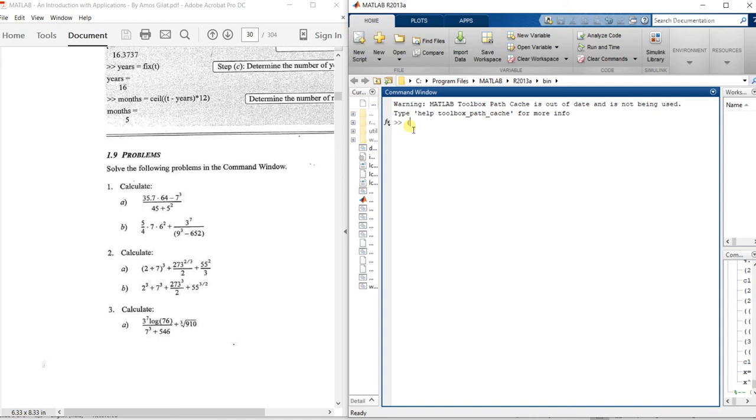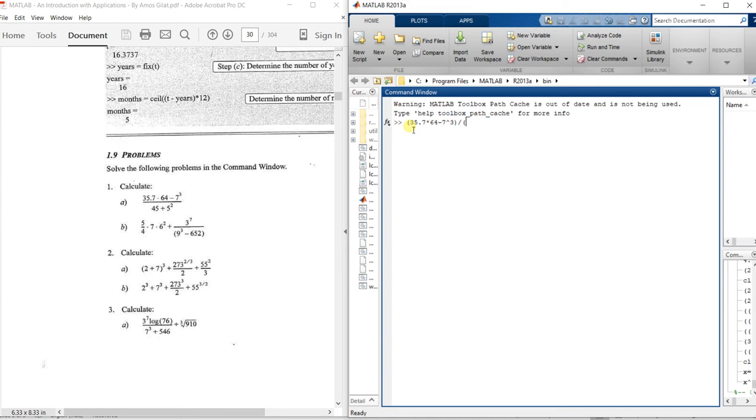35.7, we are using multiplication, so we use star, 64 minus 7 to the power 3. So 7 to the power 3. It is the numerator. We close this bracket and use the divide symbol, and since the denominator is a separate one, we use another parenthesis: 45 plus 5 square.